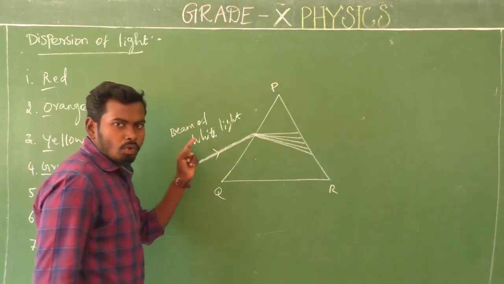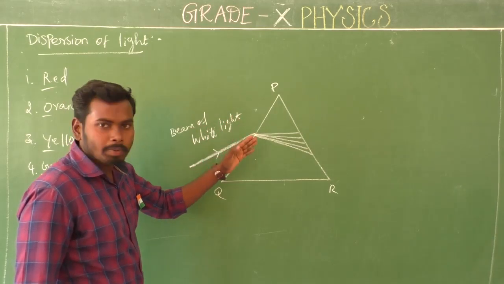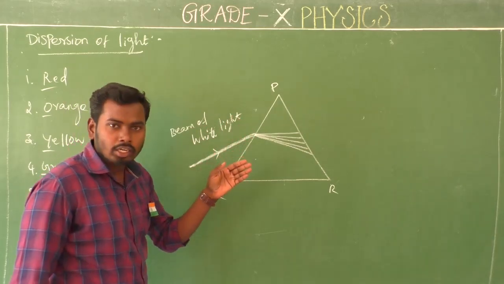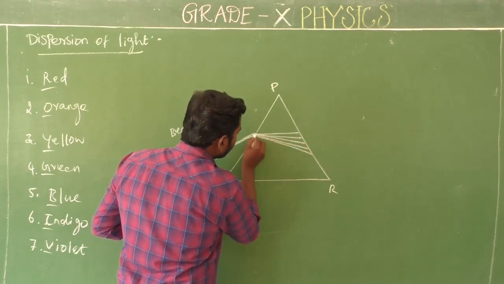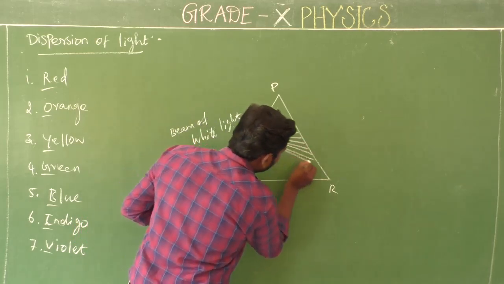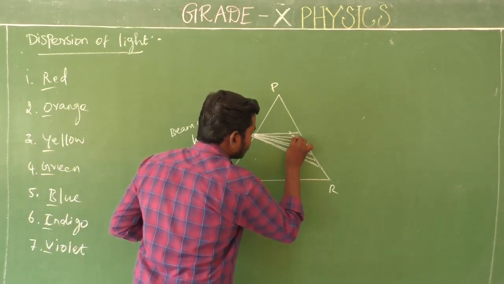So when a beam of white light falls on the surface of the glass prism, white light splits into 7 constituent colors like this: 1, 2, 3, 4, 5, then 6, then 7. Is it clear? Yes. Like this.